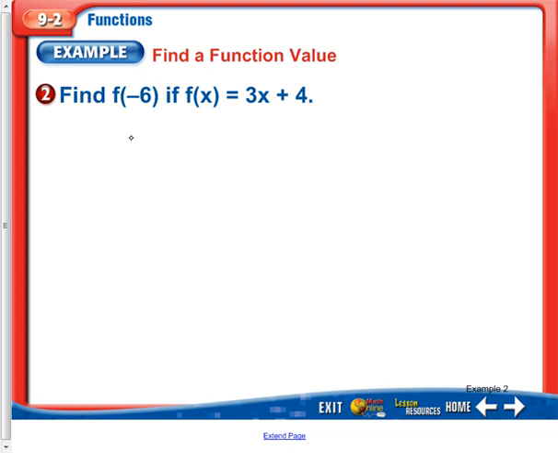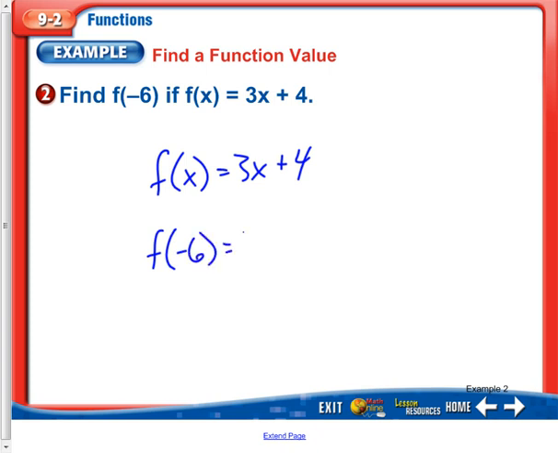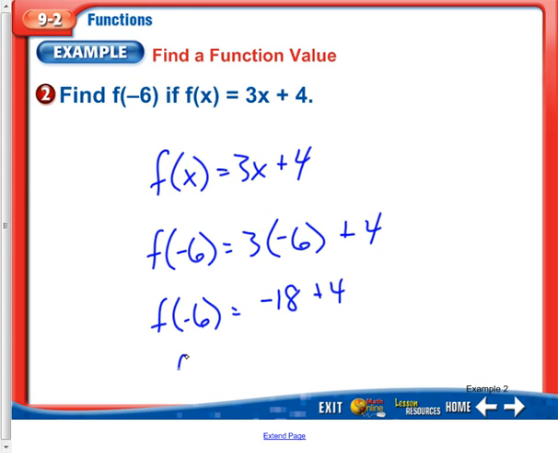So again, we're going to say f of x equals 3x plus 4, and then we're going to say f of negative 6 equals 3 times negative 6 plus 4. So f of negative 6, follow your order of operations, we get negative 18 plus 4, and so f of negative 6 equals negative 14.